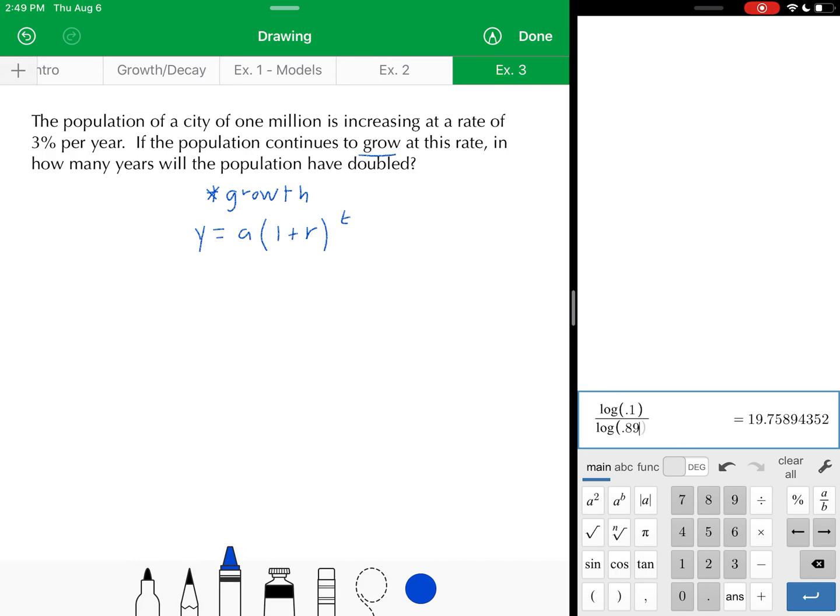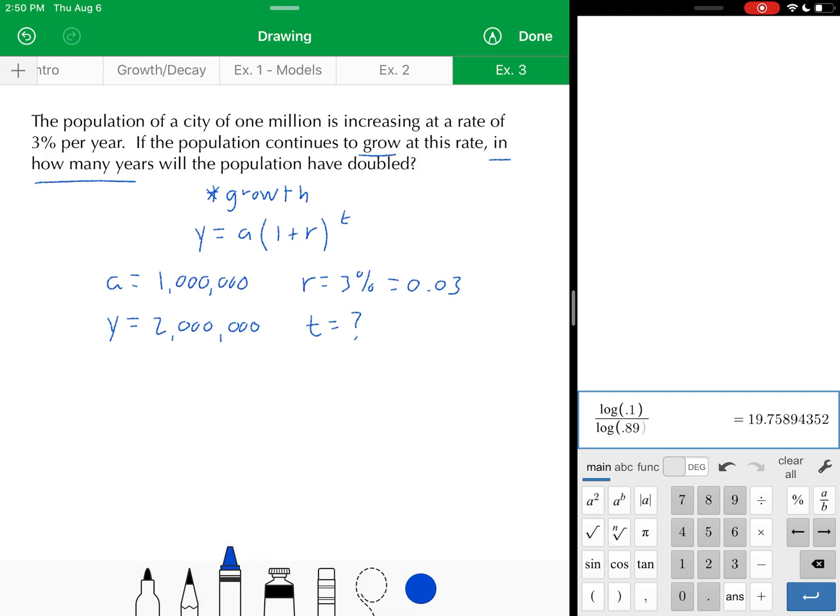Now let's see, our starting value is 1 million. Our ending value, we want to be double that, so 2 million. Our rate of growth is 3%, so that's 0.03 expressed as a decimal. And then notice again in how many years, that tells me t is the unknown.